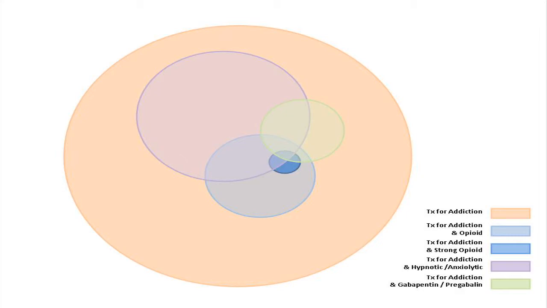If we then look at the prescribing of opioids to those people, and this is a very wide definition of opioids, including the co-codamol 30/500s, codeine, Remedeine, kind of the stronger codeine, then of those, 910 of the people treated for addiction are also prescribed an opioid in a broader sense. Of those, only 72 are prescribed a strong opioid.